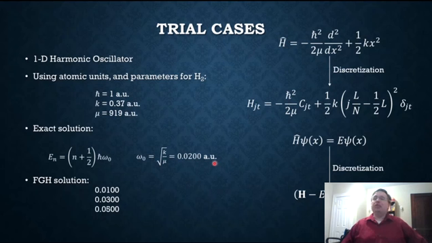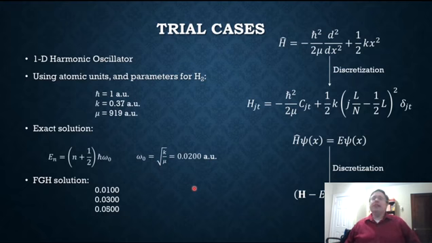The FGH solution, so the Fourier grid Hamiltonian solution, turns out to follow exactly the results of the harmonic oscillator exact solution, where the first value is n equals 0, or 1/2 times h bar, which is 1, times omega, which is 0.02, which gives us 0.01, and 0.03, and 0.05. These are the exact solutions. These turned out pretty good.